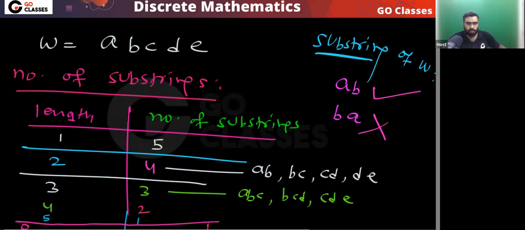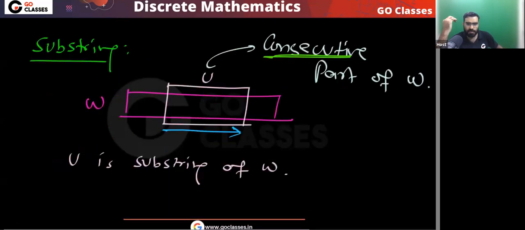That will be one. So what will the final answer be? You can add all of them and plus one. For the string W equal to ABCDE, the number of substrings: you are getting a very nice sequence.